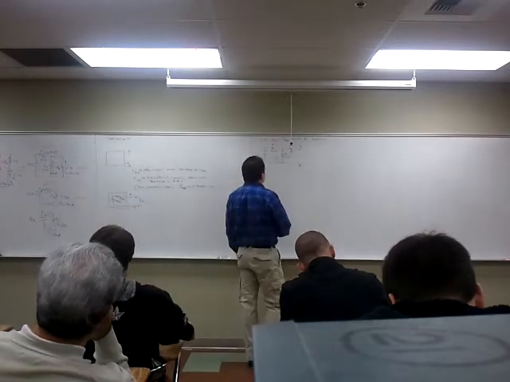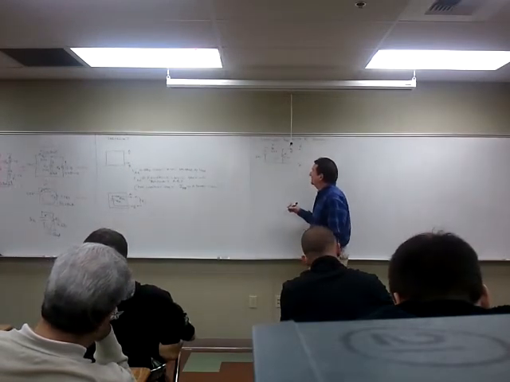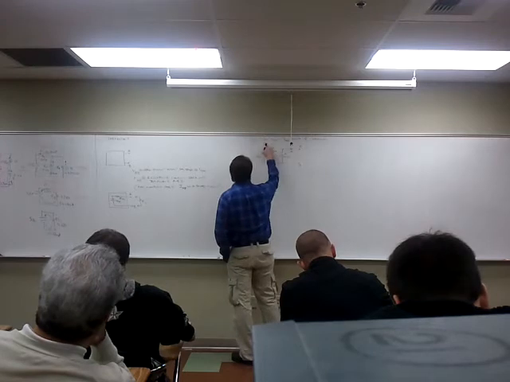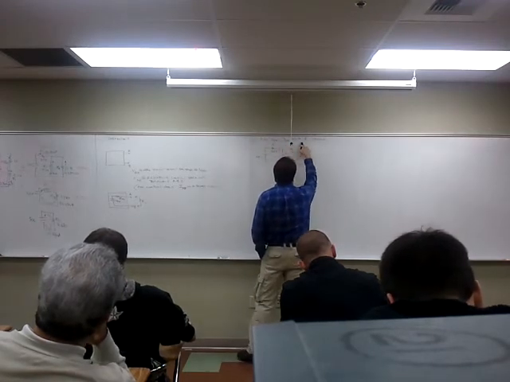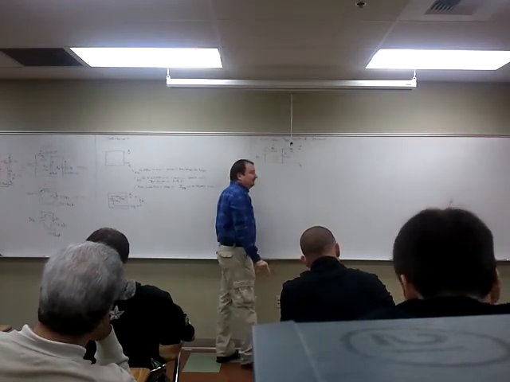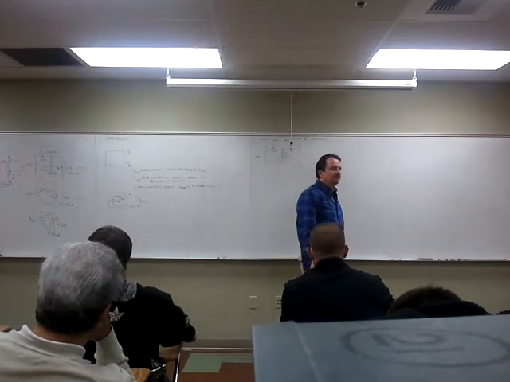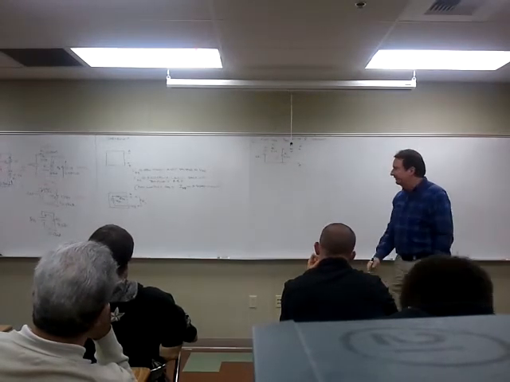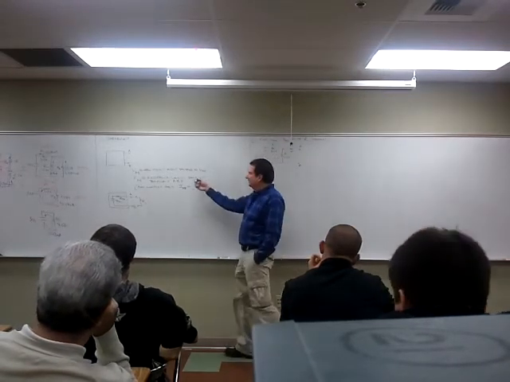Thevenin's voltage is defined as the voltage from A to B with the load removed. Another way of saying that is it's the open circuit output voltage. I set it over here, open circuit output voltage.